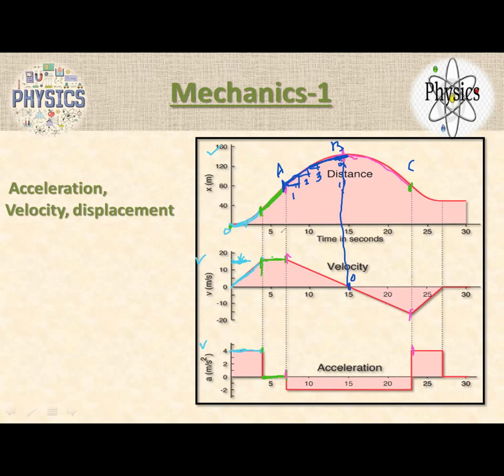So the velocity is decreasing. You can clearly see that. From B to C, what happened? Displacement is also decreasing, right? But in the negative way, decreasing completely, from maximum to minimum. Here the slope is zero, right?